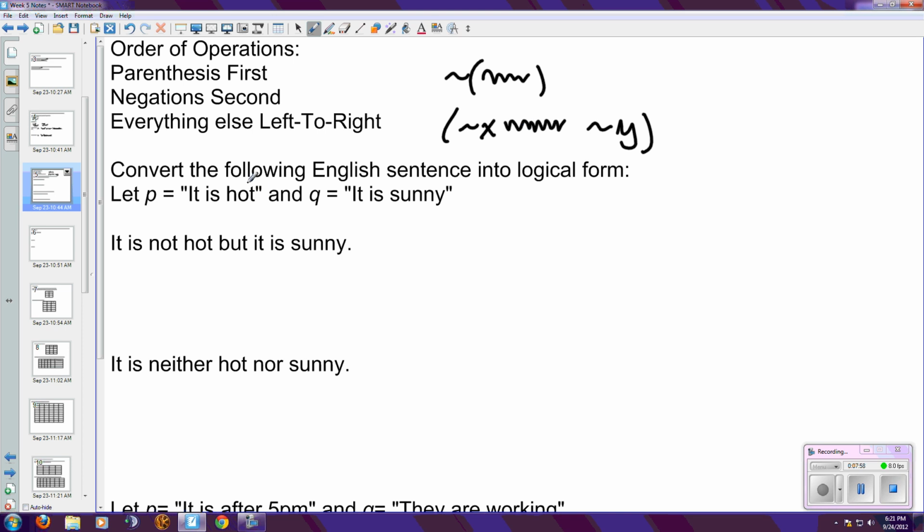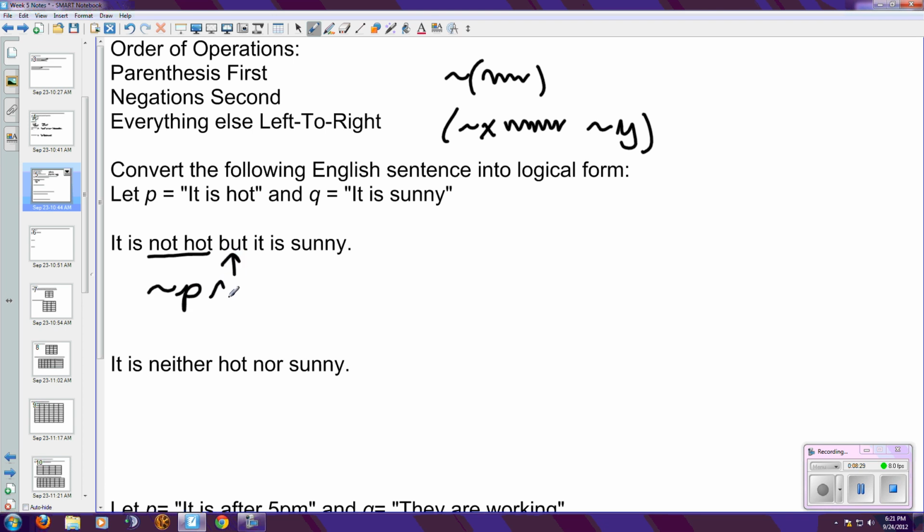As far as actually converting some of these sentences, let's take, for example, P equals the statement "it is hot", and Q equals the statement "it is sunny". If we have the statement that we'd like to rewrite in logical form, "it is not hot, but it is sunny", well, first thing we notice here is the "not hot". Not hot is our not symbol with a P, and we have this "but" word.